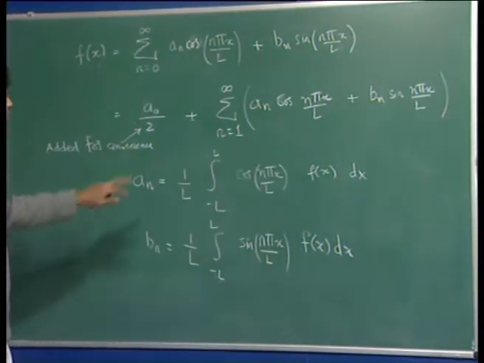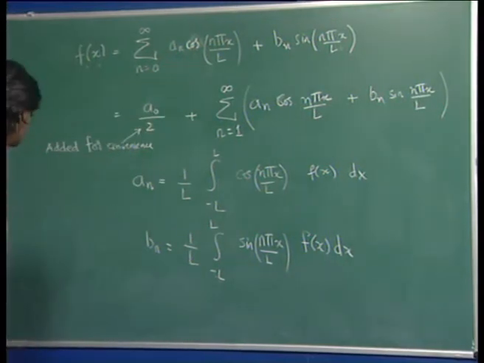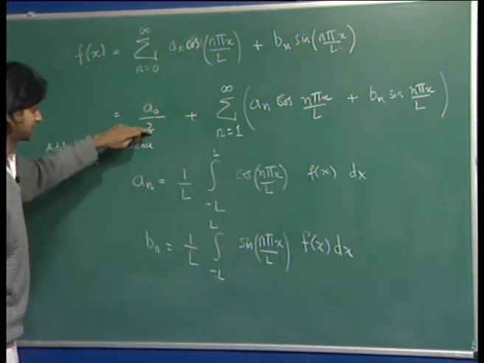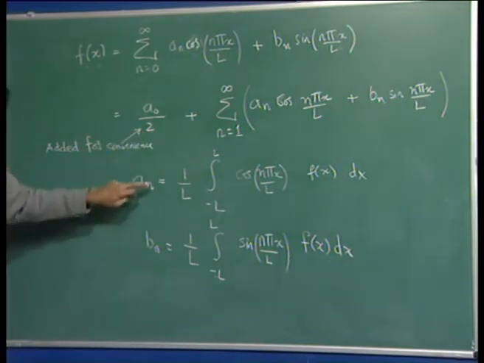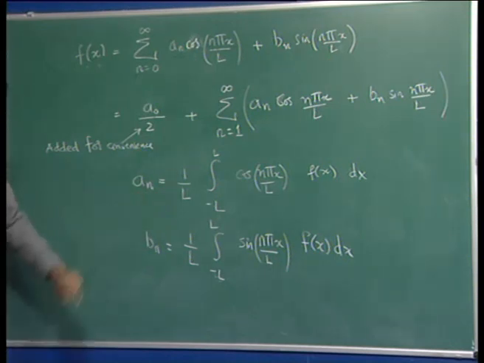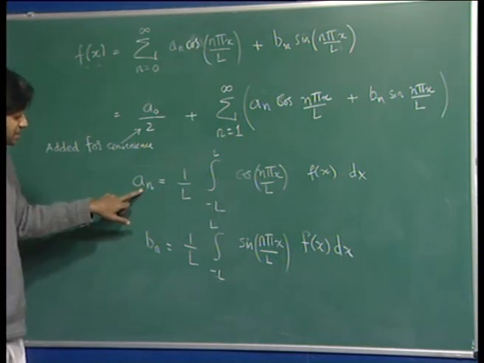So, what you will be left with is a 0 by 2 times L, and that is the reason why we put this 2 factor here. If we put this 2 factor here, then you have a unique definition of a n in this way. So, this definition is valid for all n.